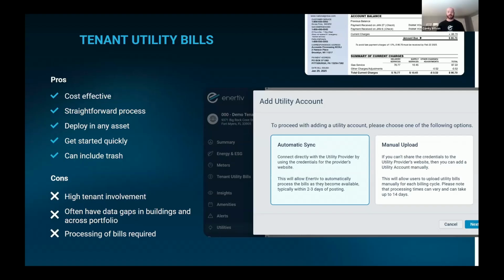And then there's the piece about processing the bills. This is where software can be really, really valuable, because if processing means that a human is manually transcribing the data from one place to another, there will almost always be typos and errors, and that will require more work down the line, and potentially failed audits and all sorts of ramifications.